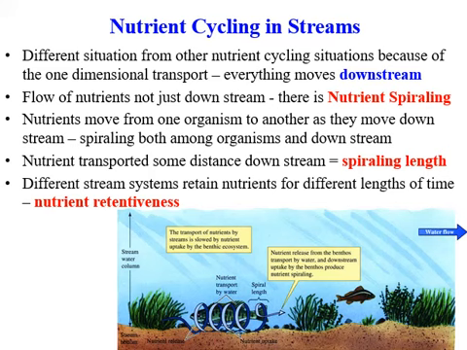Different streams have different depths and different strengths of water flow, very fast or very slow. Different streams with different characteristics have different nutrient spiraling lengths, and they have different capabilities of retaining nutrients, or nutrient retentiveness, in terms of how long it's retained in the living things versus how quickly it's transported downstream. So that's the kind of situation that you see in streams.